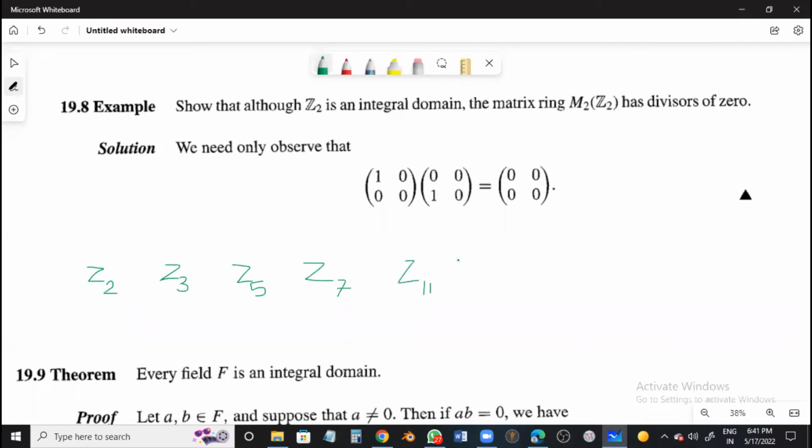Z11, Z13. What is the reason? Prime numbers. Yes, they are primes. And just now we have said Zp is always an integral domain whenever p is prime. Z2 obviously will be an integral domain because 2 is prime. Followed me?